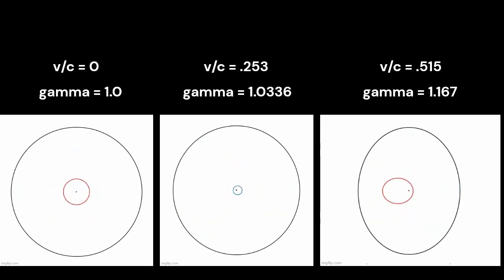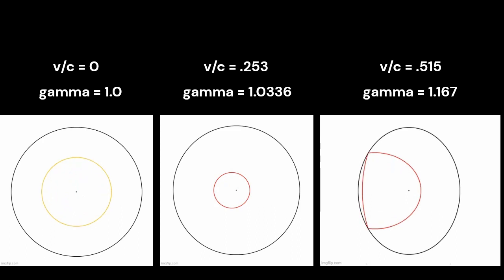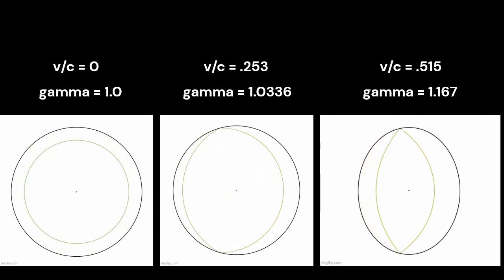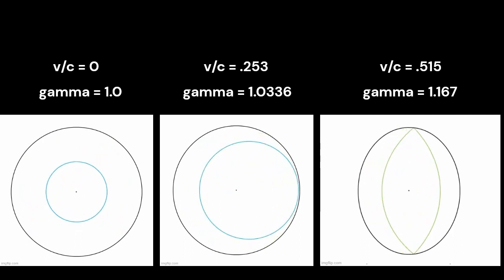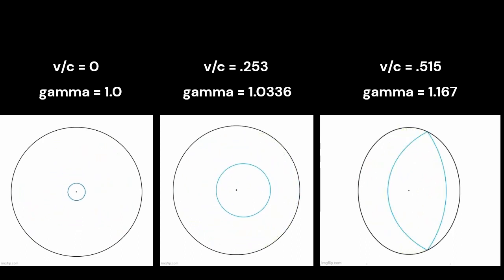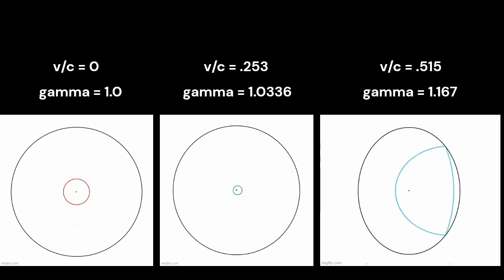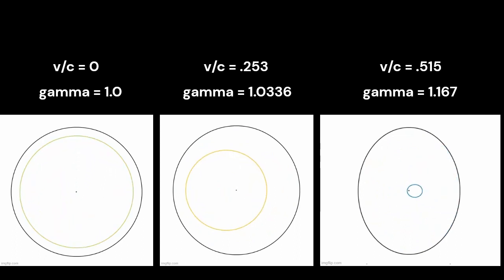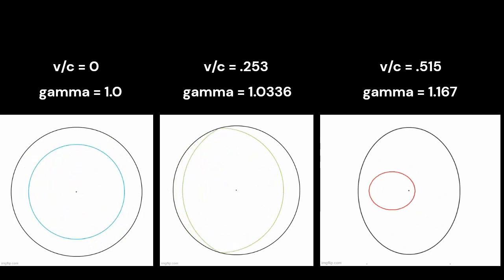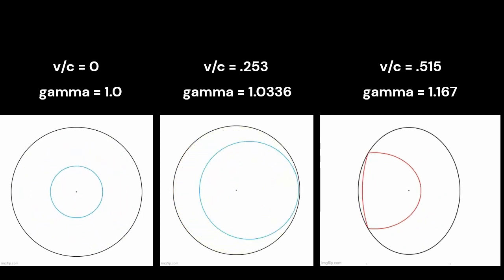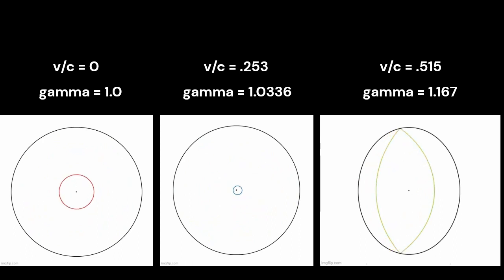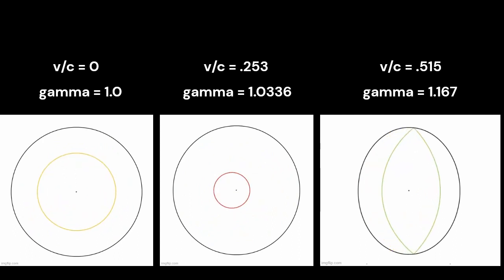At half the speed of light, definitely lopsided. We also see a shortening in the left to right direction, which is the direction of motion. So you have to get up above half the speed of light before the relativistic effects really start to manifest themselves strongly. But this just gives these 3 animations of different levels of relativistic effects.